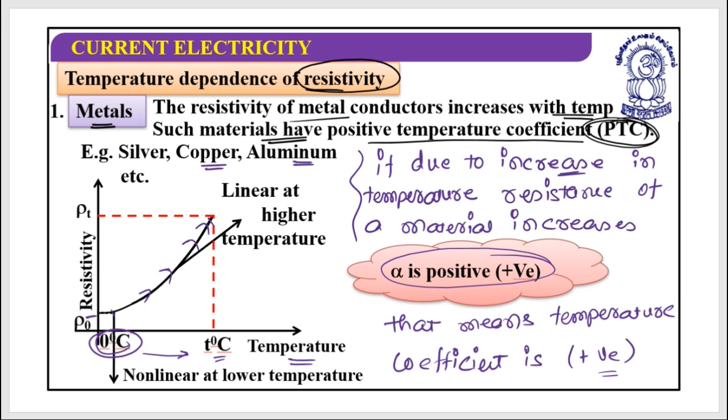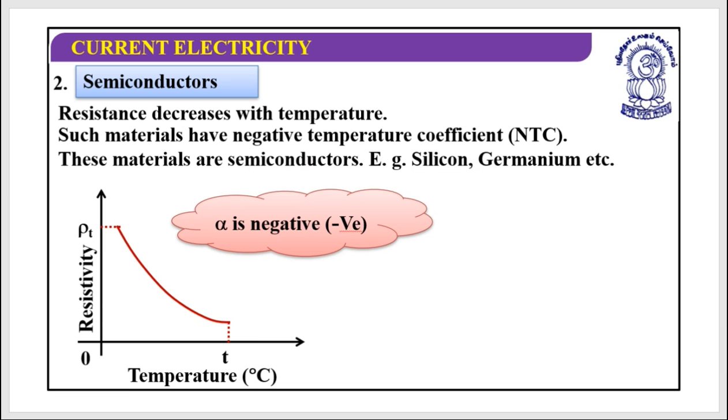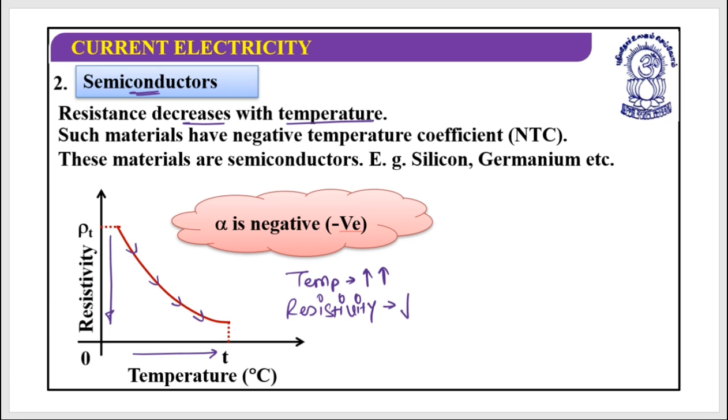Now let's have a look. What is the situation with the semiconductors? For semiconductors, resistance decreases with the temperature. That means if temperature increases, look at this, resistivity is decreasing. That means if temperature increases, resistivity decreases, conductivity increases.